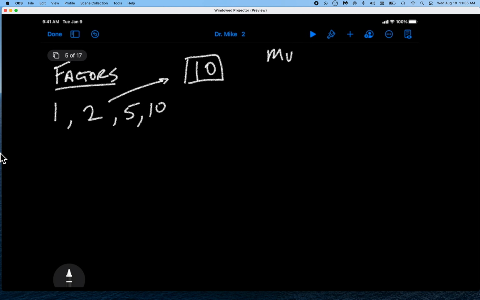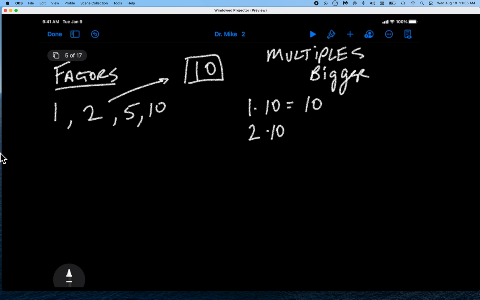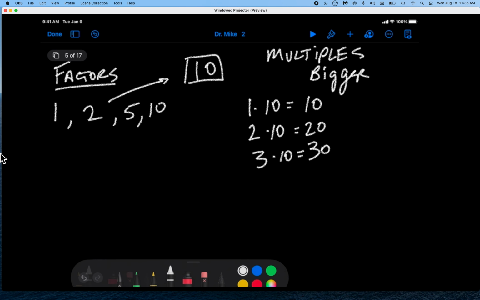Multiples. We're going to get bigger. We're going to do 1 times 10, 2 times 10, 3 times 10. Folks, these are the multiples of 10.